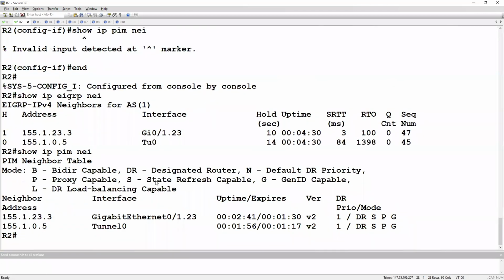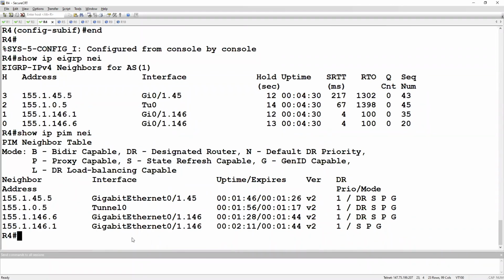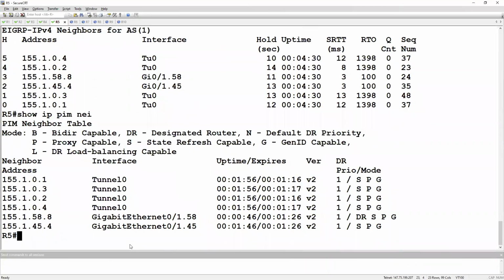On router 2, we have adjacencies on gig 0/1.23 and on the tunnel interface. On router 3, we have the 3 gig interfaces plus the tunnel. And I'm just going to go through these quickly and double check that we have adjacencies to all of the other neighbors.